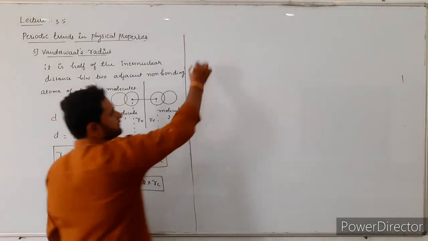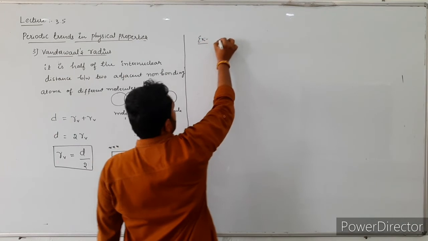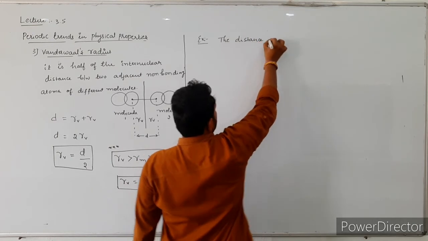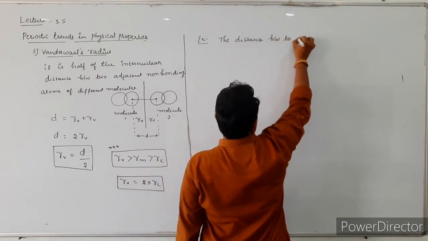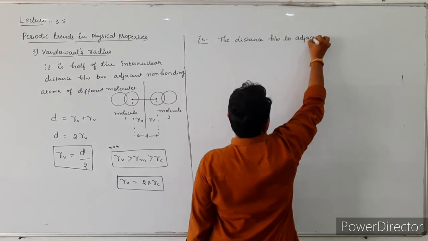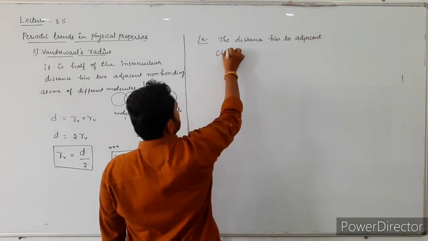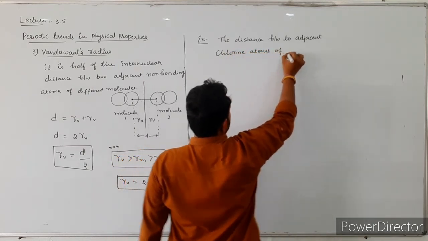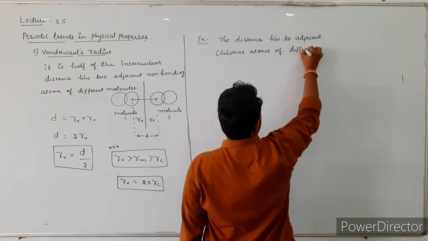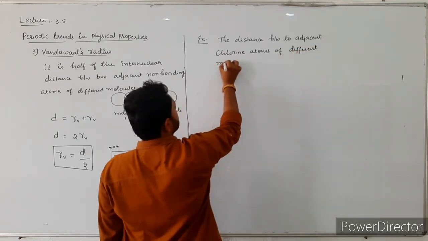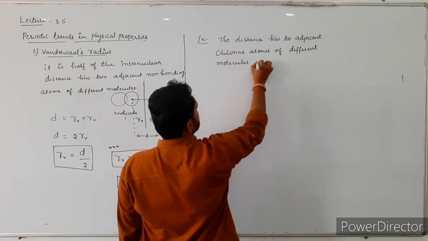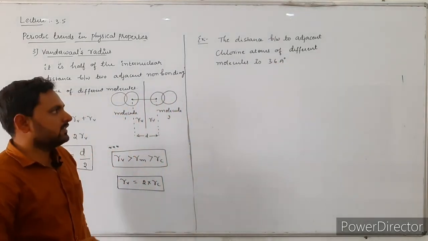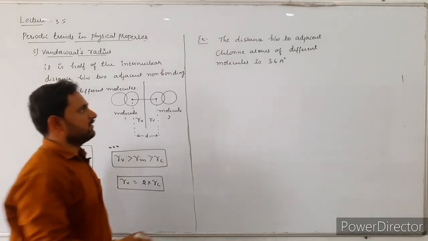One example: the distance between two adjacent chlorine atoms of different molecules is 3.6 angstrom. Then calculate the van der Waals radius of chlorine atoms.